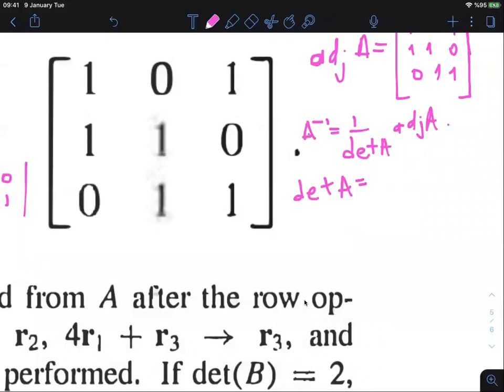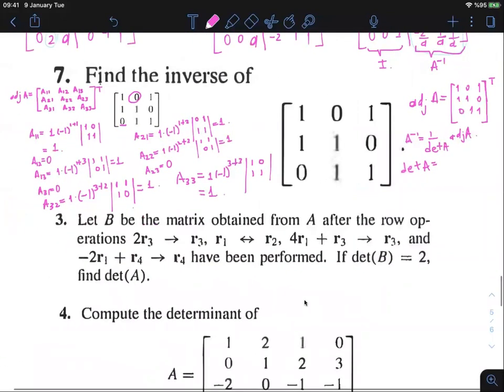So this is basically... hold on a second. Okay, guys, I made a mistake, but it won't change the problem.